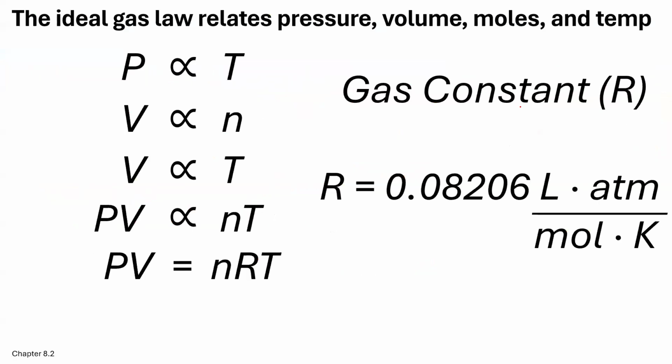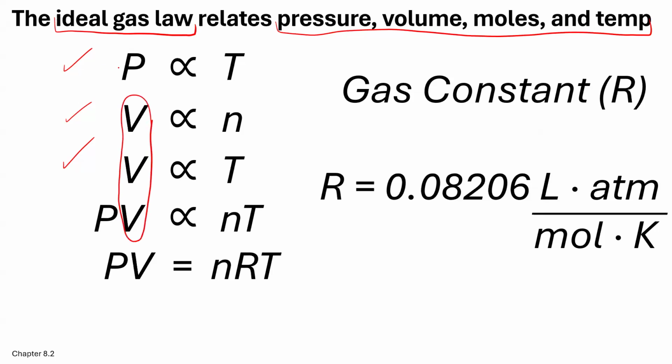All right, next. The ideal gas law. This relates a bunch of different variables: pressure, volume, moles, and temperature. Let's look at this. We saw this in the last section, this in the last section, this in the last section. There's another one, but it was pretty much the same. But look, all the V's are on the left side.